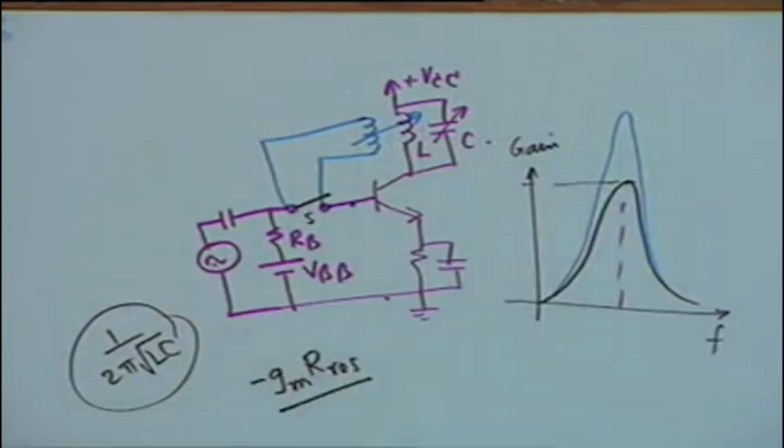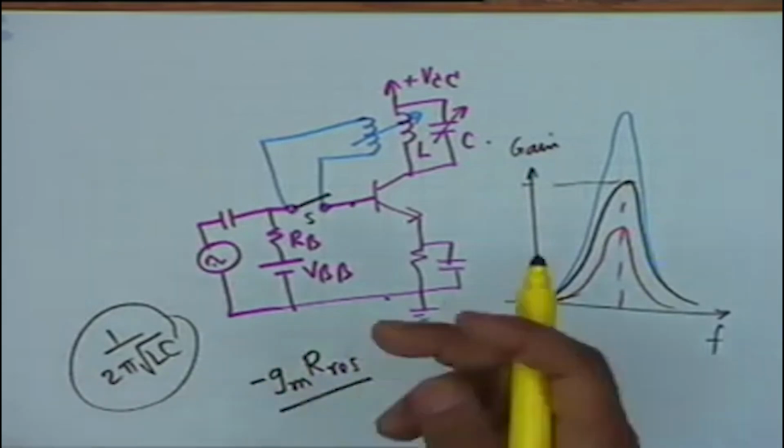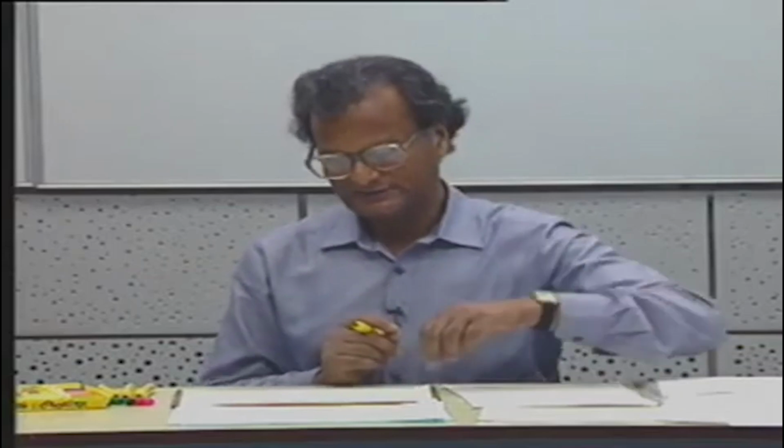On the other hand, if the direction of winding is opposite, that is, if the feedback signal opposes the input signal, then the gain shall be decreased, and it shall be something like this, let us say. So, a very simple circuit can be wired up in the laboratory to demonstrate the effect of feedback. Positive feedback increases the gain, negative feedback decreases the gain.